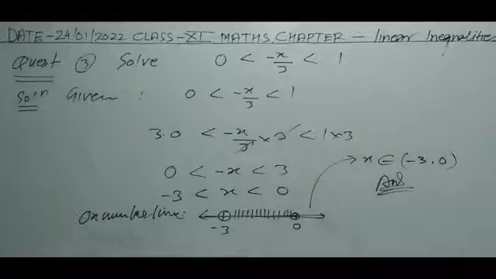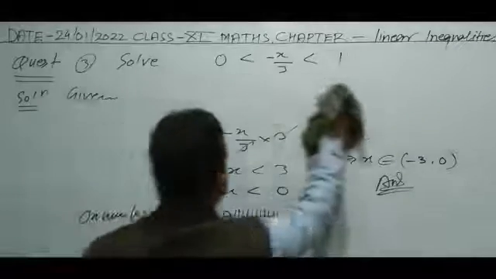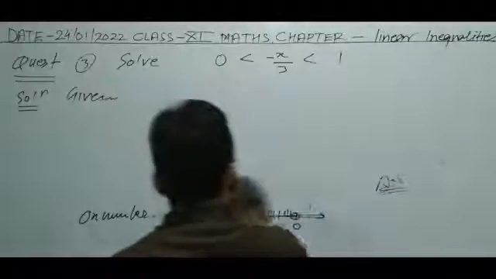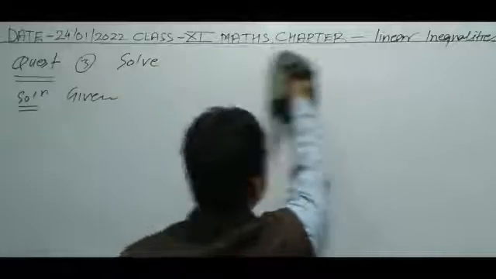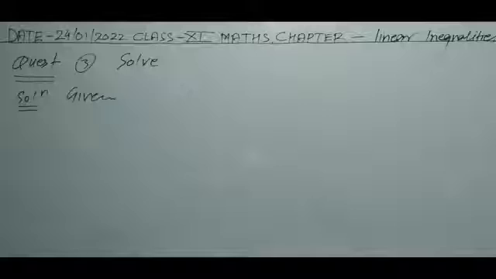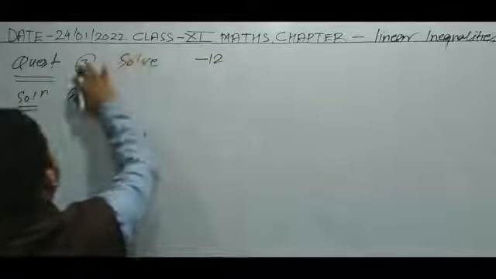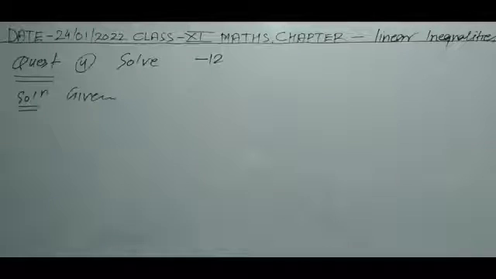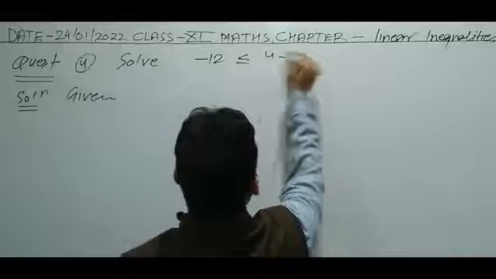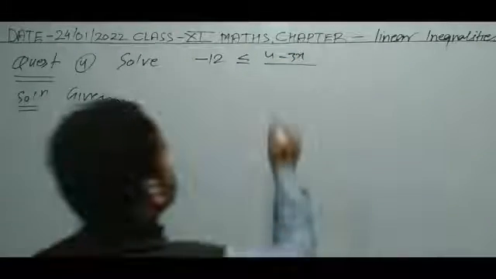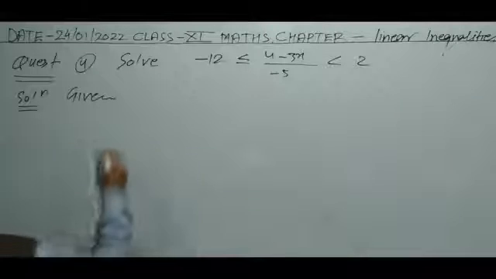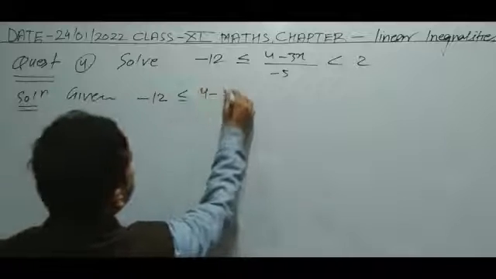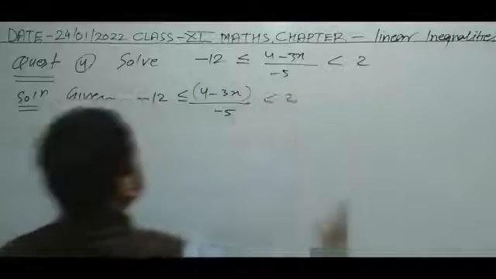Now question number 4 is minus 12 is lesser or equal to 4 minus 3x whole upon minus 5 is lesser than 2. So given minus 12 is lesser or equal to 4 minus 3x whole upon minus 5 is lesser than 2.